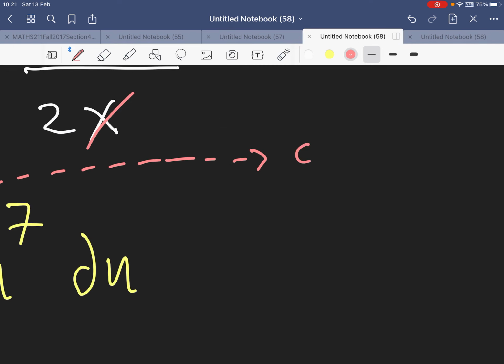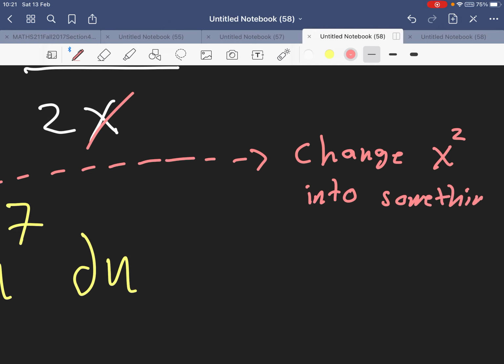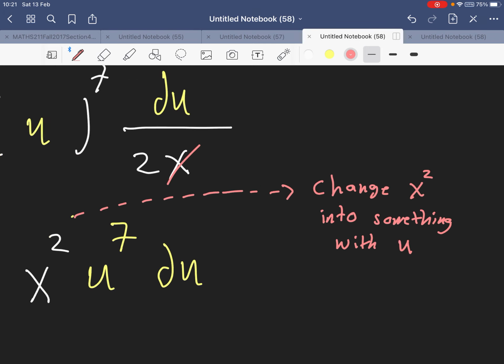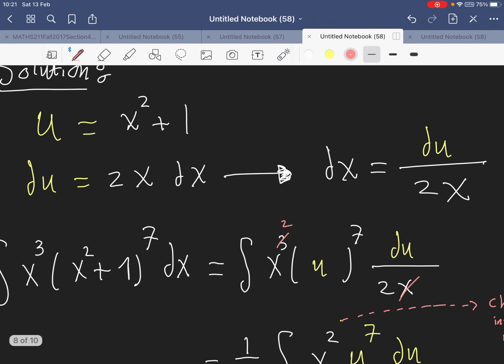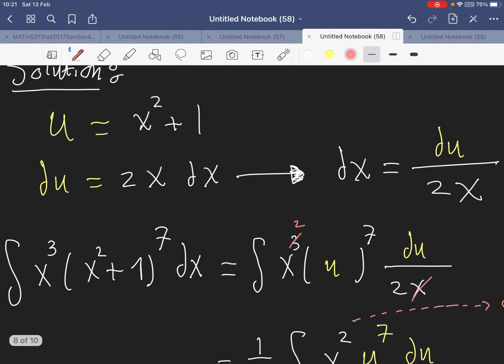You need to change x squared into something with u. So I have to see what is u and what is x squared. Now if you look at this equation here, I think everything should be clear.